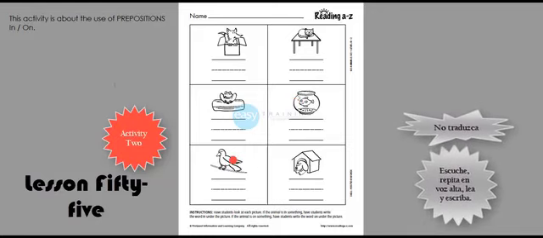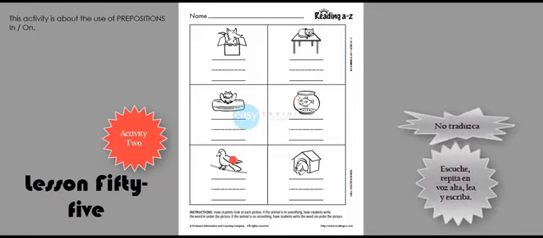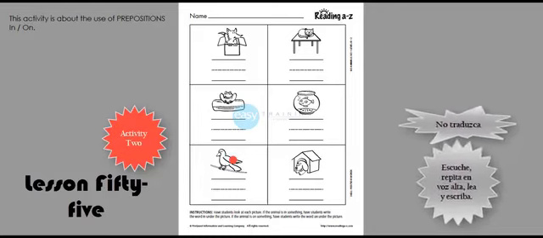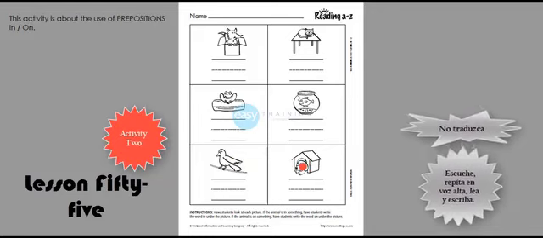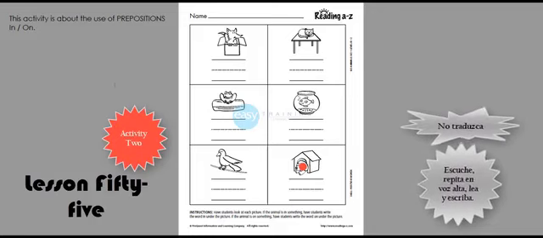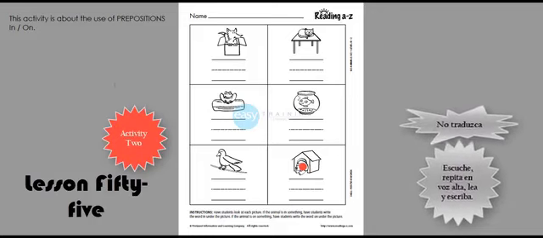The bird is on a stick. The dog is in a house. Ahora voy a escribir entonces, de acuerdo con lo que acabo de decir, la preposición que corresponde. In or on.